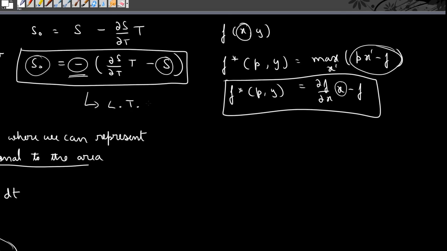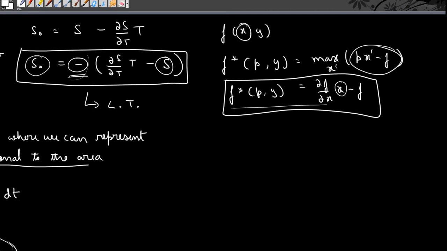Okay, with the only difference of a negative sign, and sometimes this negative sign is taken as a convention in some places. So we can define our Legendre transform both ways, either like this or with the negative sign, depending on what convention you use. The only thing that will change is whether the transformed function is going to be concave or convex as compared to the initial starting function.